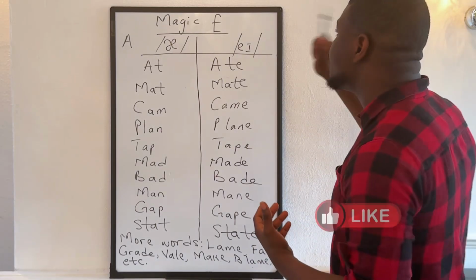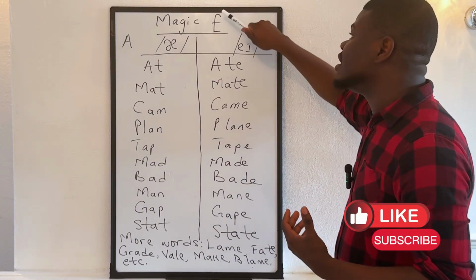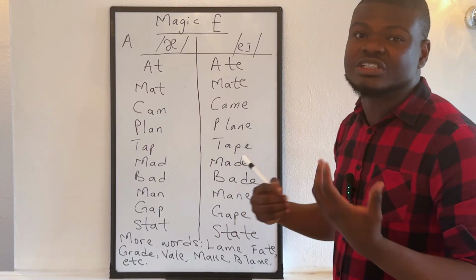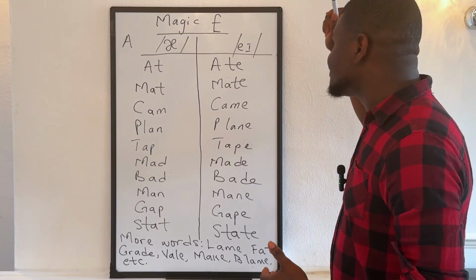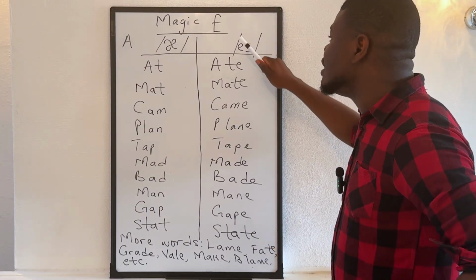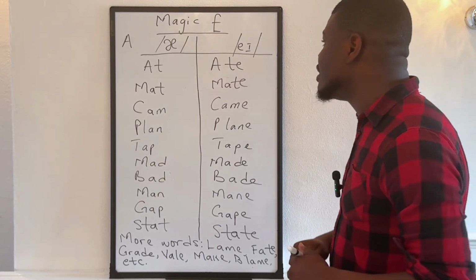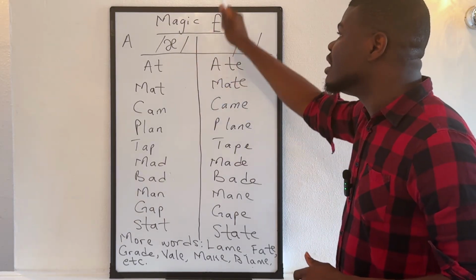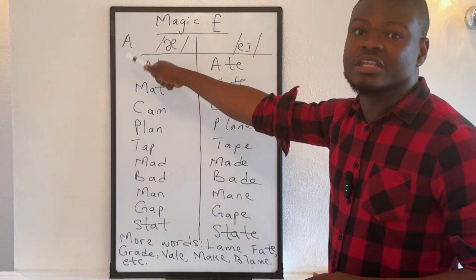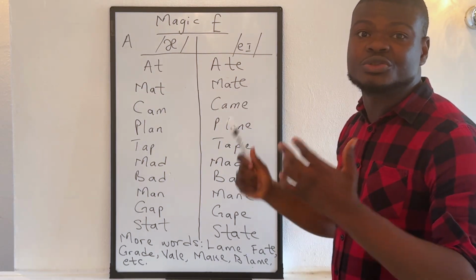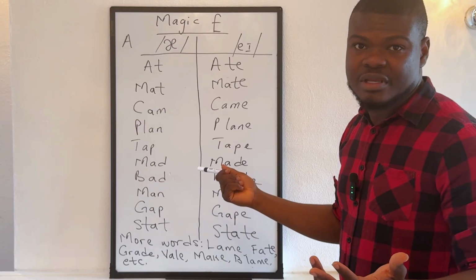However, when we have this letter E, which we call the magic E, and why we call it the magic E is because of the change that it causes, yeah? When we add the letter E behind that consonant sound, it changes the A sound of the initial word, like the word at, it changes the A sound to A. Yeah?